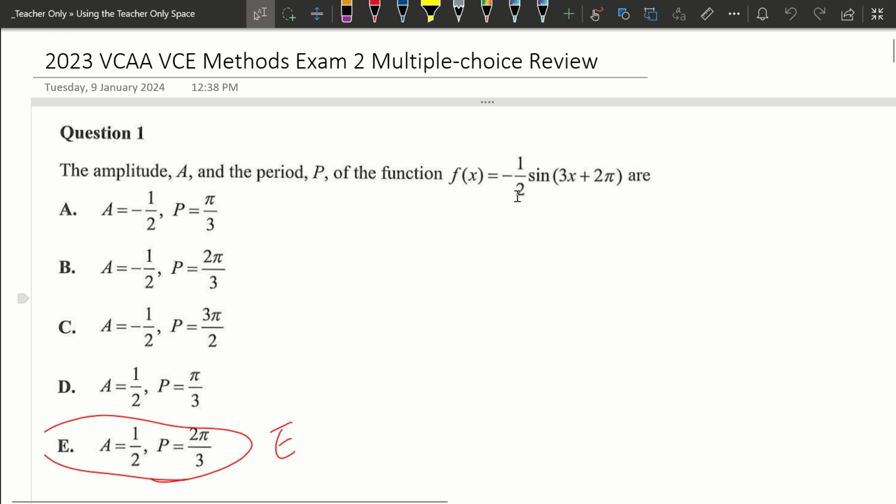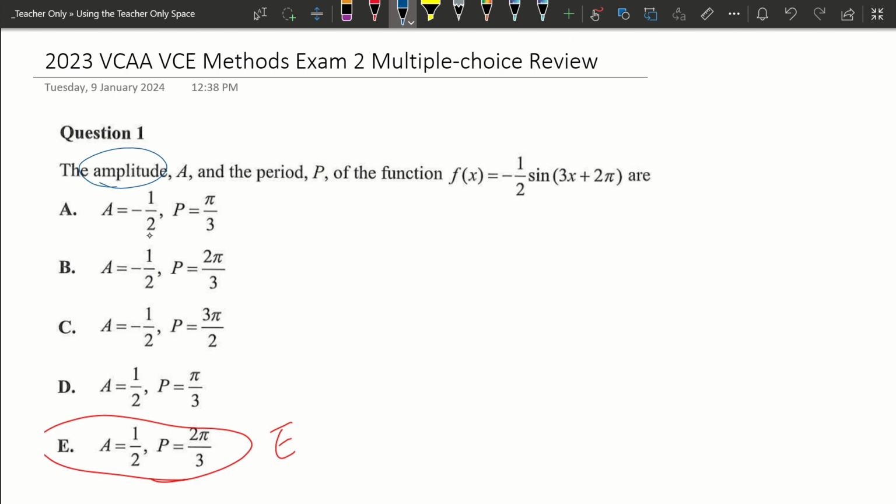So first thing you need to be aware of is if you look at the options, A is negative half and A is half. So all you really need to do is to distinguish between the positive and negative. If you are familiar with trigonometry function, amplitude by definition is a positive number.